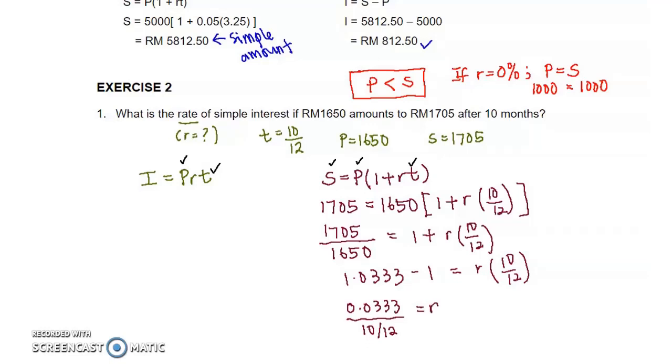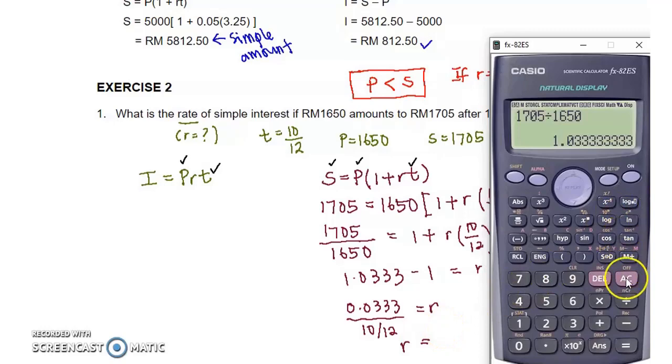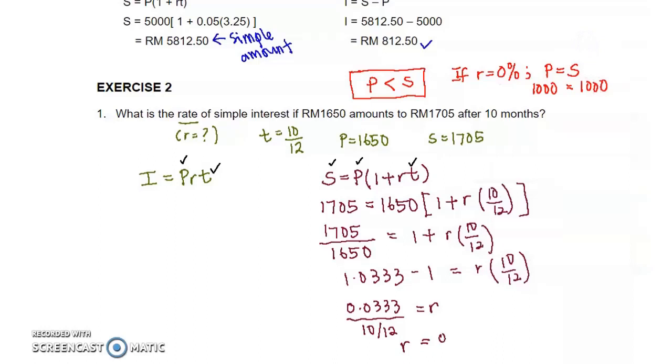So the right hand side you have R. So R equals 0.03996. If you want to express it in percentage, multiply by 100, so it equals 3.996%. Or you can round off to 4% also, no problem.